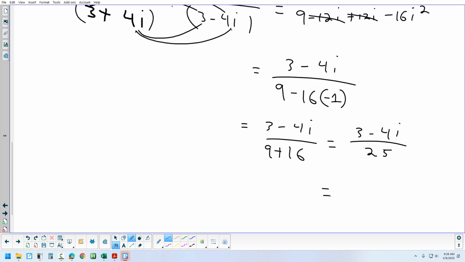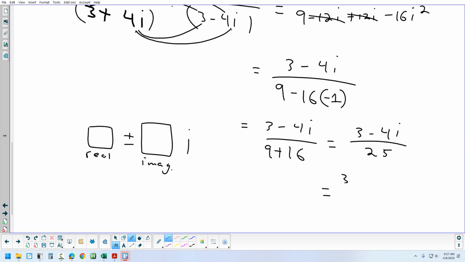And now that's not standard form. Standard form is when you have the real part in that box, plus or minus, and then the imaginary part in that box. So what we have to do is separate this into two fractions. Write each number in the top over 25 separately.